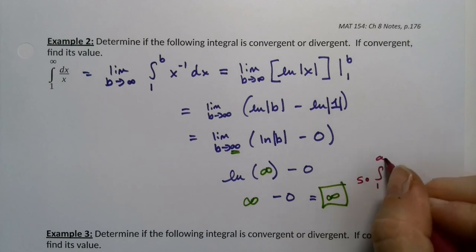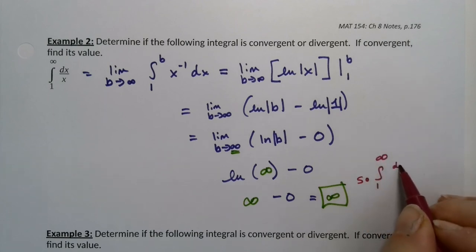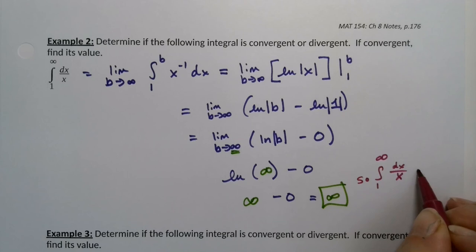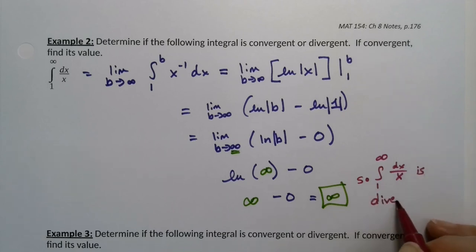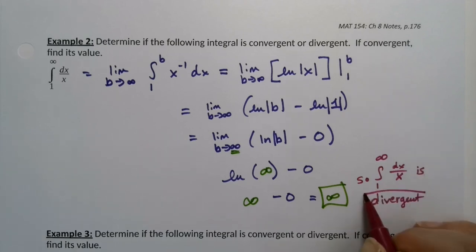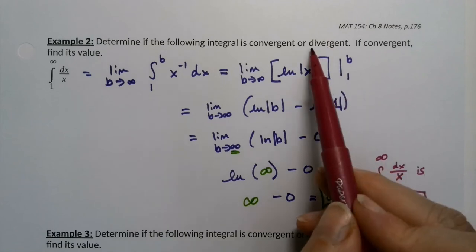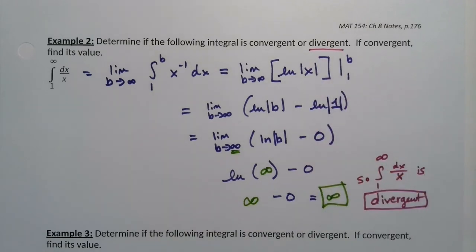The integral I was given, which is 1 to infinity of dx over x, is divergent, which they asked us to find. They asked us to find the integral or explain that it's divergent, right? If it's convergent, find its value, but it's divergent.